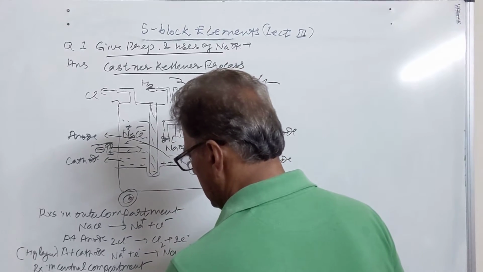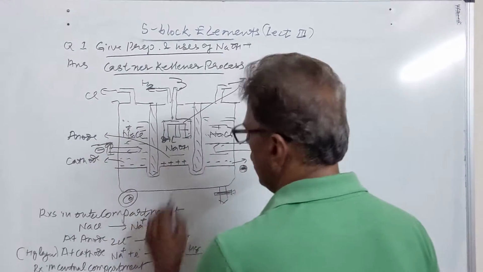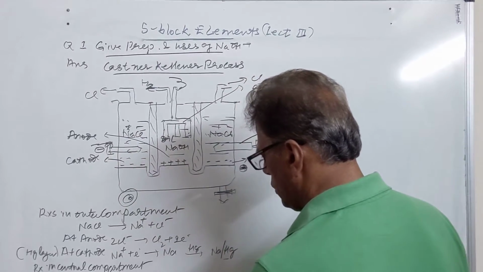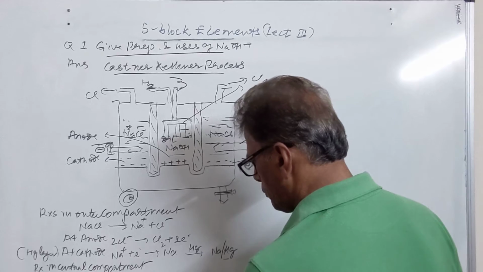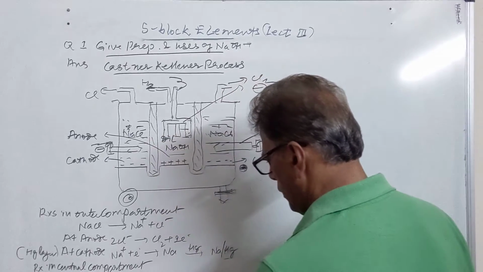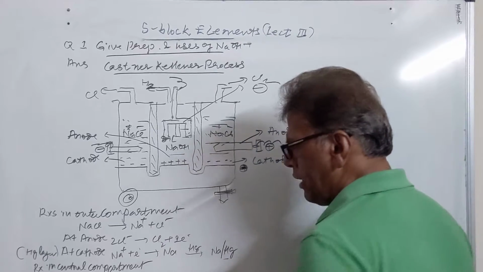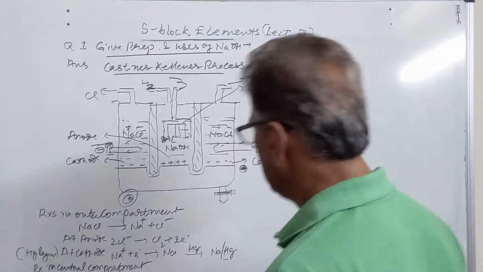Reaction in the central compartment: here NaHg combines with water of the dilute NaOH, producing NaOH plus hydrogen gas. Along with that, mercury is liberated. So this is the reaction in the central compartment.